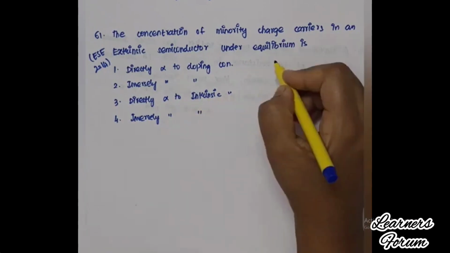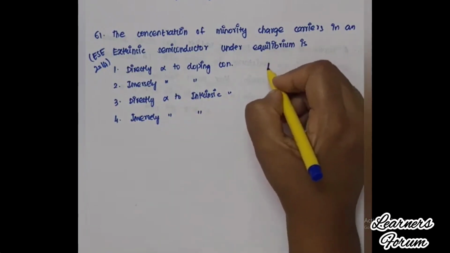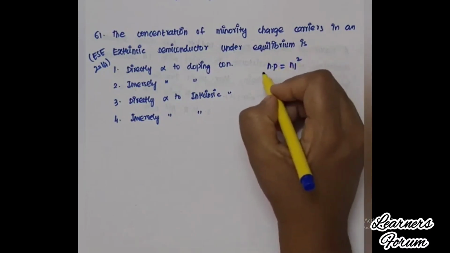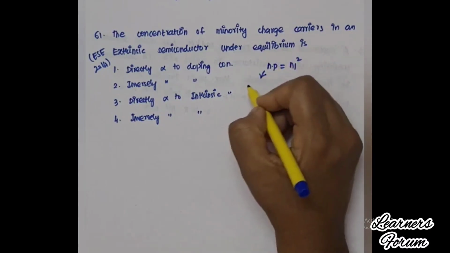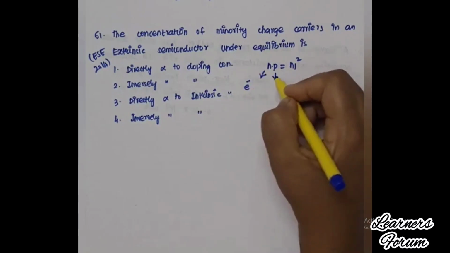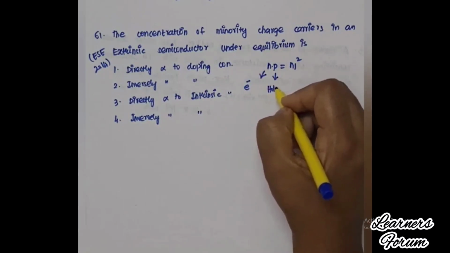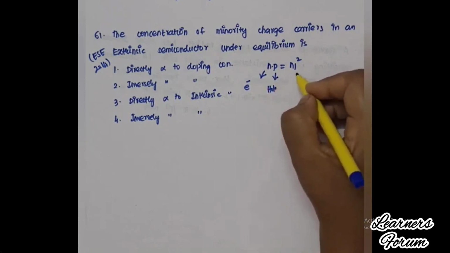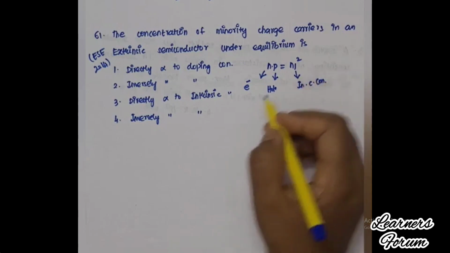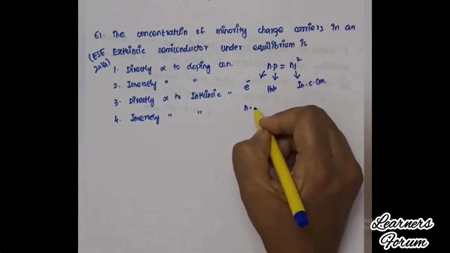Starting with the law of mass action, np is equal to ni squared. Here n represents electrons, p represents holes, and ni refers to the intrinsic carrier concentration.